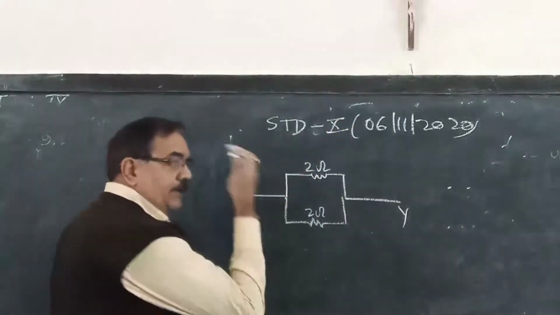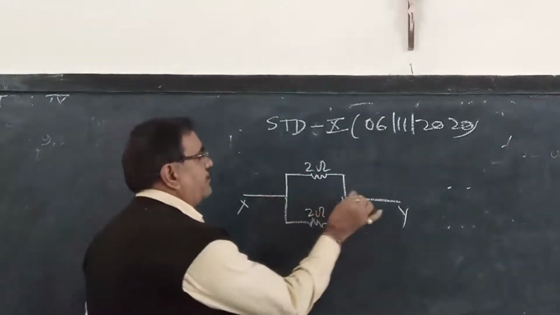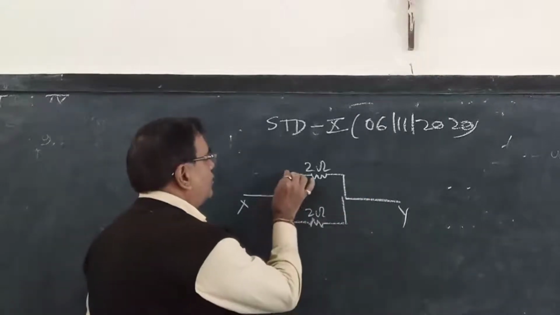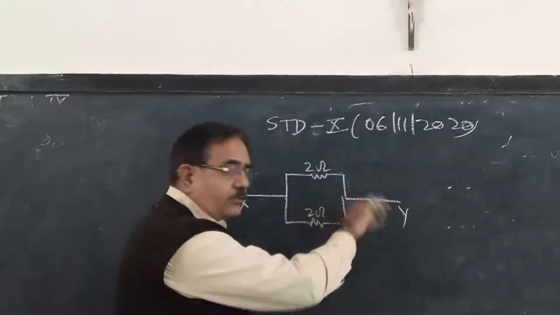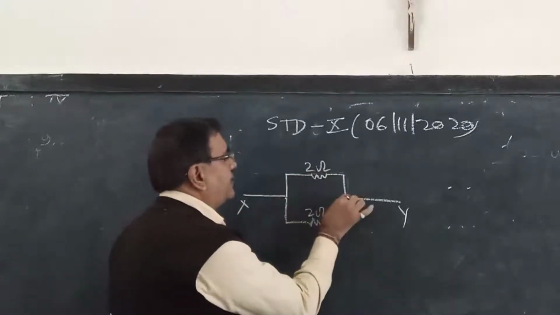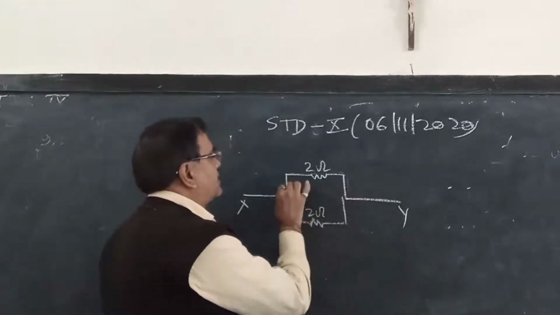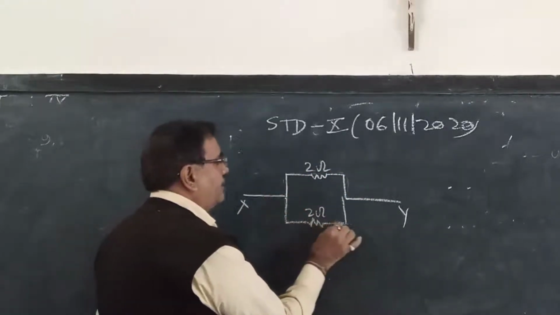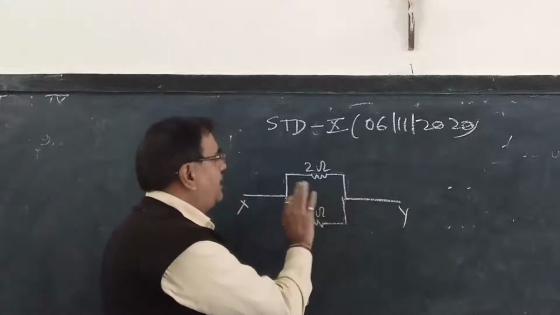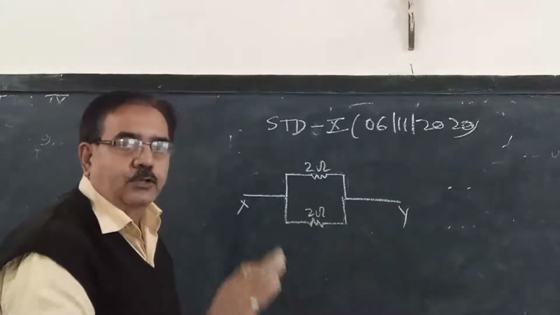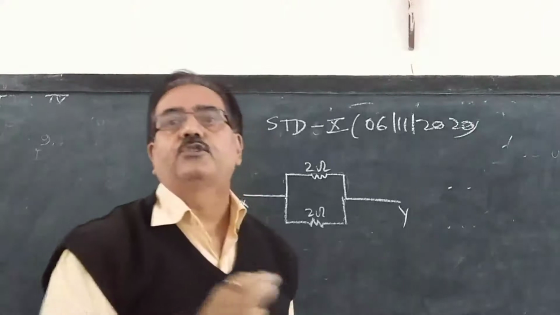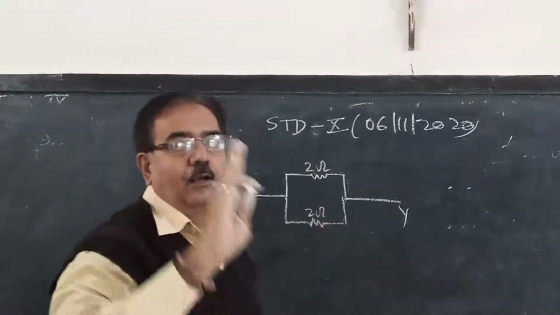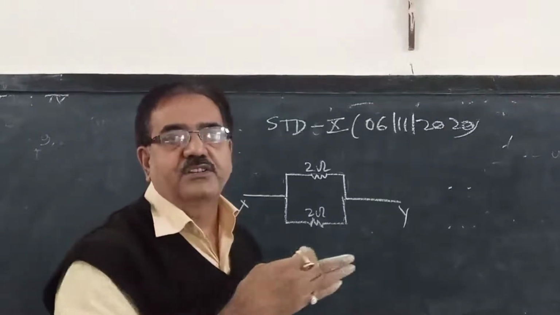So here, X is positive, Y is negative, and the current flows from positive to negative. This is one path, and from here, positive to negative, this is another path. So how many paths are there? Two paths. So these two resistances are in parallel, not in series, because the paths are different.